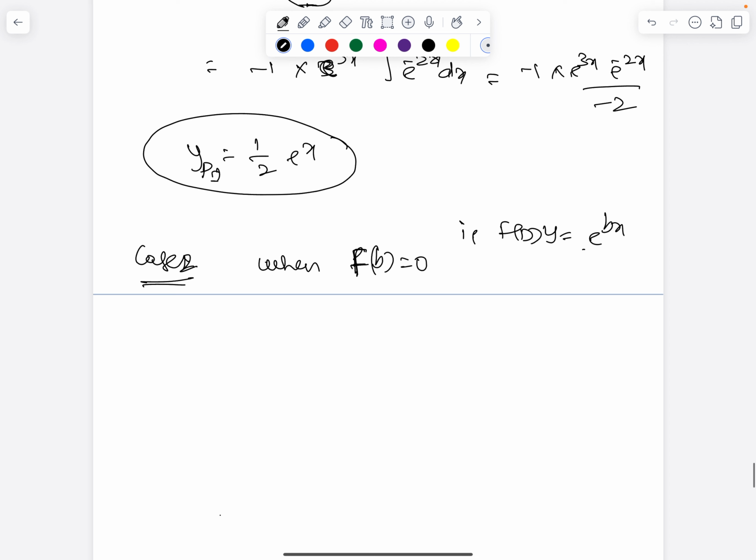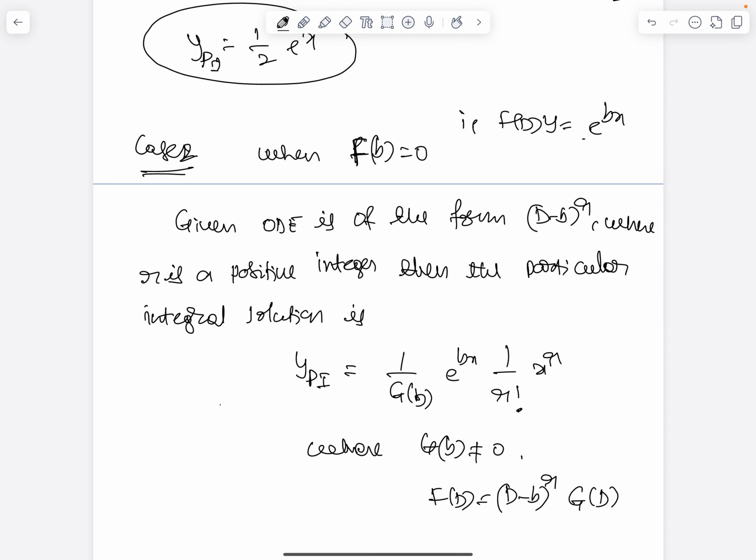Assume that the given ODE is of the form D minus b whole power r times appearing. Suppose D minus 3 into D minus 2 is there, then r is 1 in each case. So you have a situation when F of b is equal to 0, that is the given differential equation.